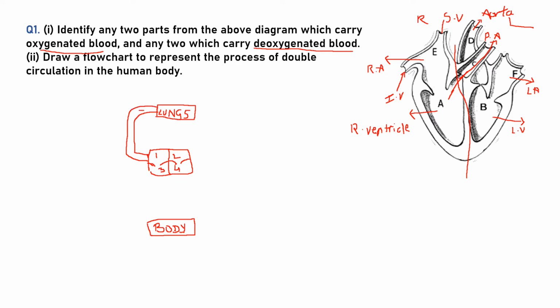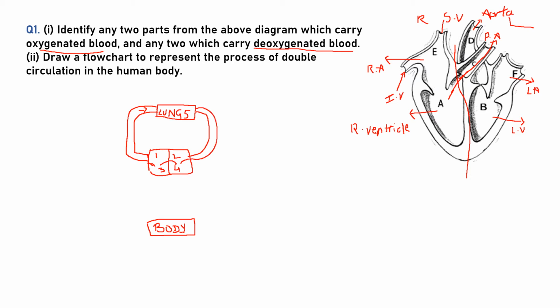In the lungs, oxygen will be taken in and the carbon dioxide is thrown out of the body, right? So the deoxygenated blood will go to the lungs and become oxygenated blood. From the lungs, blood is coming back to the heart. So one circuit is completed, isn't it?